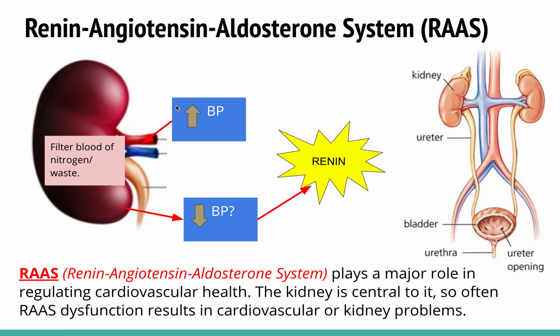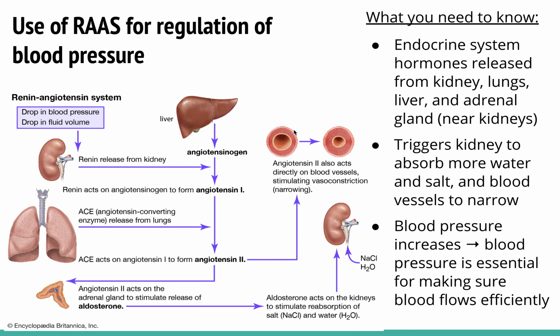All right. So for example, if your blood pressure is too low, your kidneys will release renin, and then renin will do a bunch of different things to increase your blood pressure. What you actually need to know, though, is that it's more of an endocrine system, and I want to focus on the immune system right now.